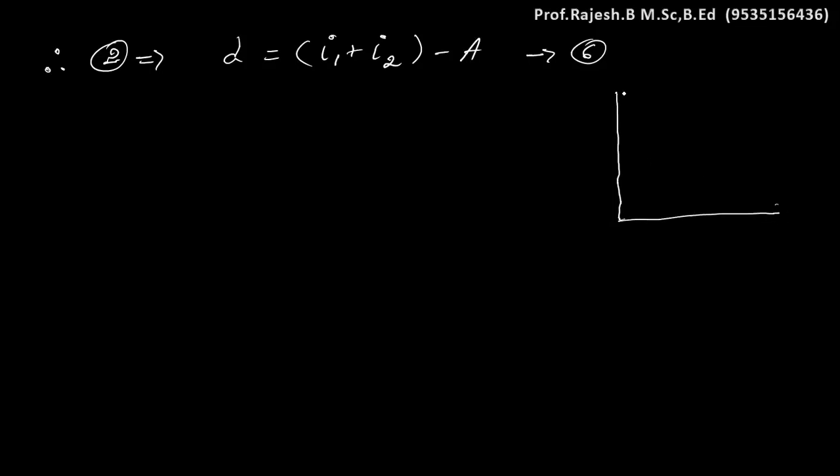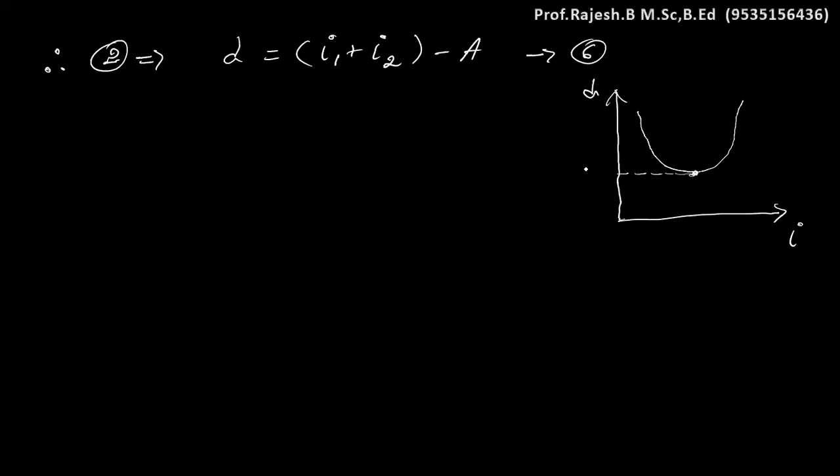When you draw a curve between angle of incidence and deviation, as the angle of incidence keeps increasing, the deviation keeps decreasing up to one point, and then it becomes minimum and suddenly it increases like this. So this point is called a minimum deviation.